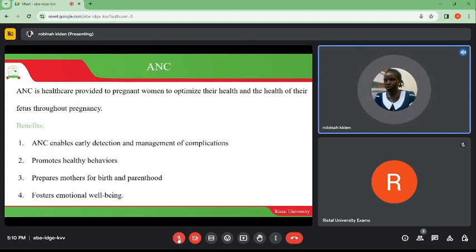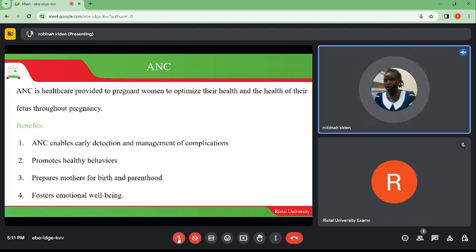So, what is antenatal care? Antenatal care, which we can abbreviate as ANC, is health care that is provided to pregnant women to optimize their health and the health of their fetus throughout pregnancy.